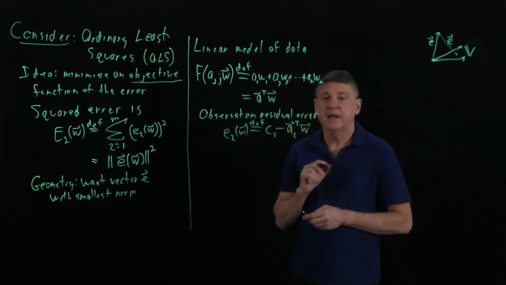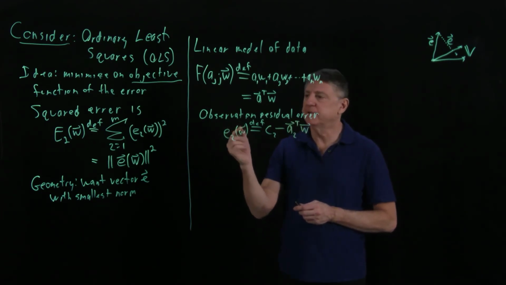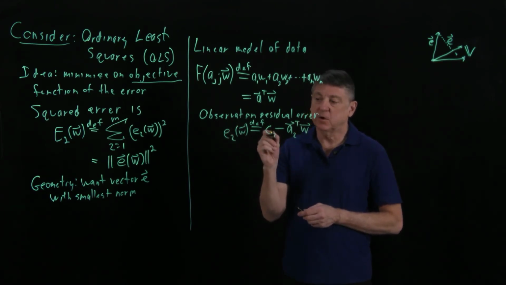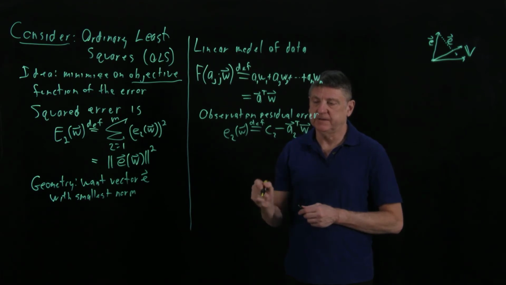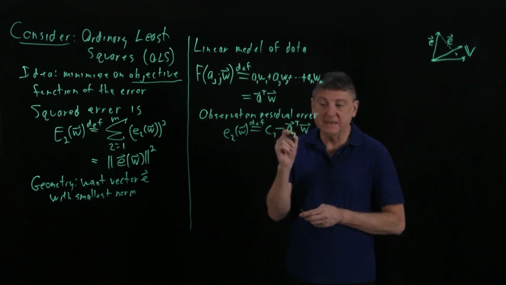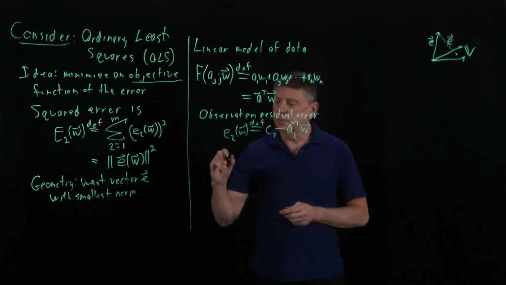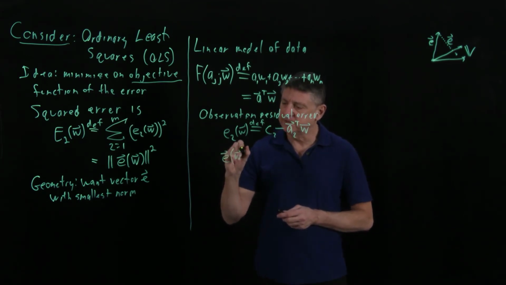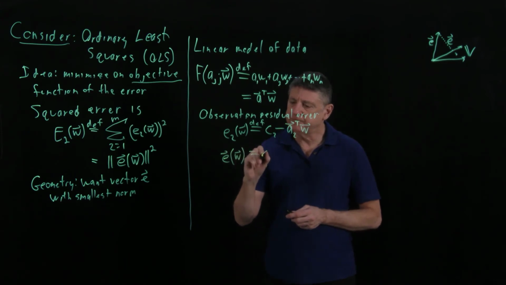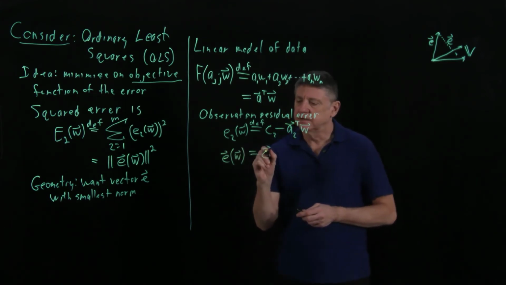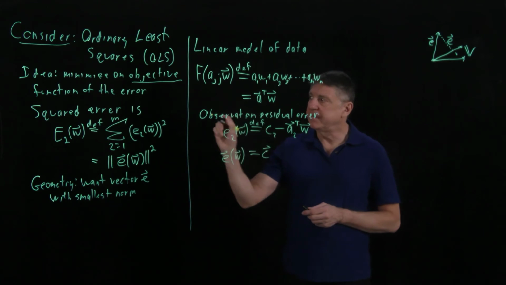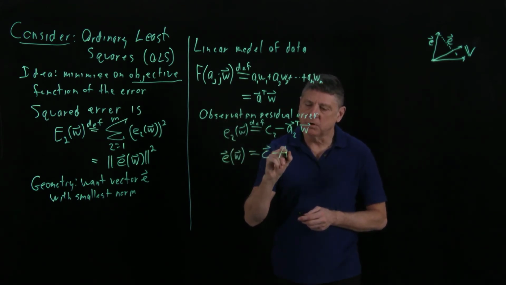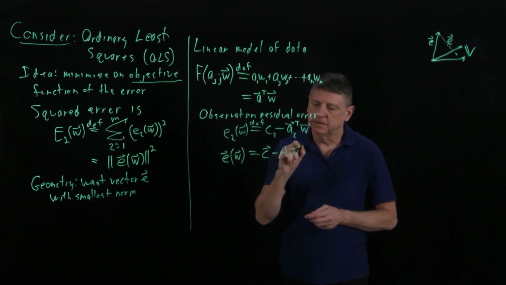When we gather all of the errors into a vector, all of the dependent data into a vector, and all of the independent data into a matrix, the error vector that depends on our model parameters is the collected dependent observations minus our model of the data.